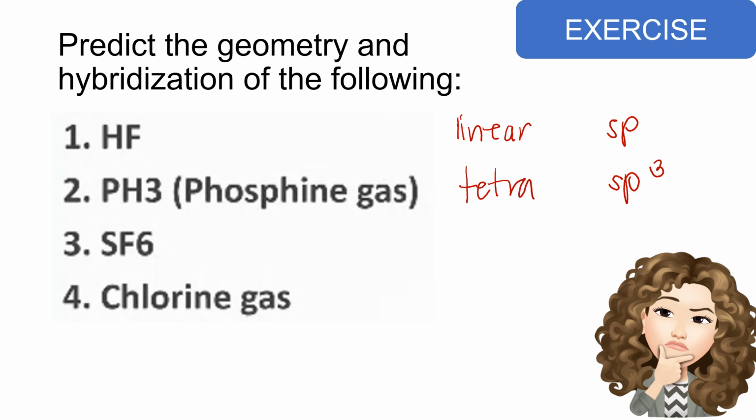For SF6, this is sp2. If you have sp2, that's 1, 2, 3, trigonal. And for chlorine gas, this is Cl2. This is sp, linear.